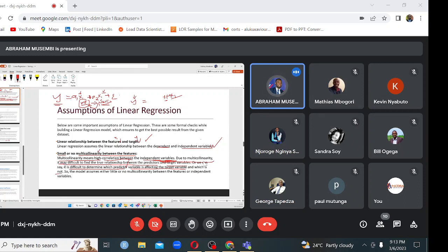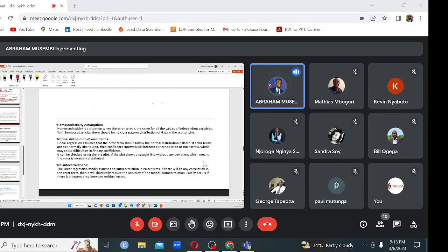So it will be difficult for us to know all those things. It is good for linear regression to have little or no multicollinearity between the independent variables. That's all about multicollinearity. We should have small or no multicollinearity.